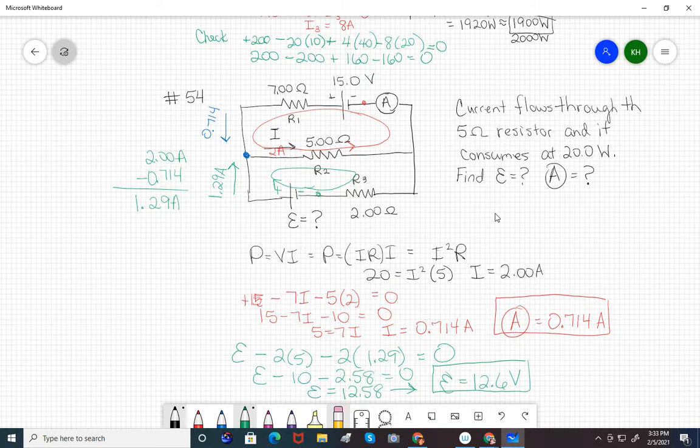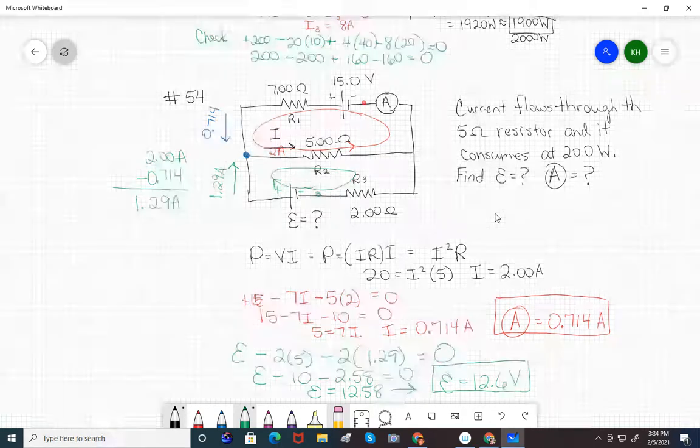We couldn't have done that if we hadn't been given enough information to get started. And we needed to analyze this junction. We needed to figure out that if I know how much current is in this top branch, and I know how much current's flowing through the middle here, I can figure out how much current is flowing in this direction.